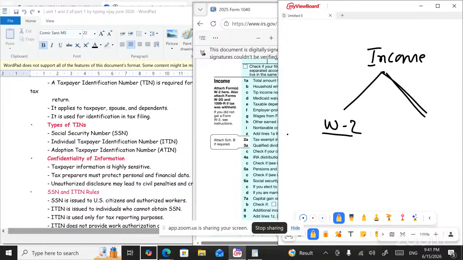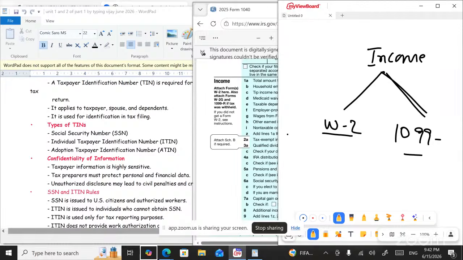Suppose any person gives service not in the form of an employee. Suppose you are using the service of a carpenter for 10 days. He is not our employee; he is providing his service not in the capacity of an employee. That kind of person also gets income, not in the form of salary, and receives form 1099.